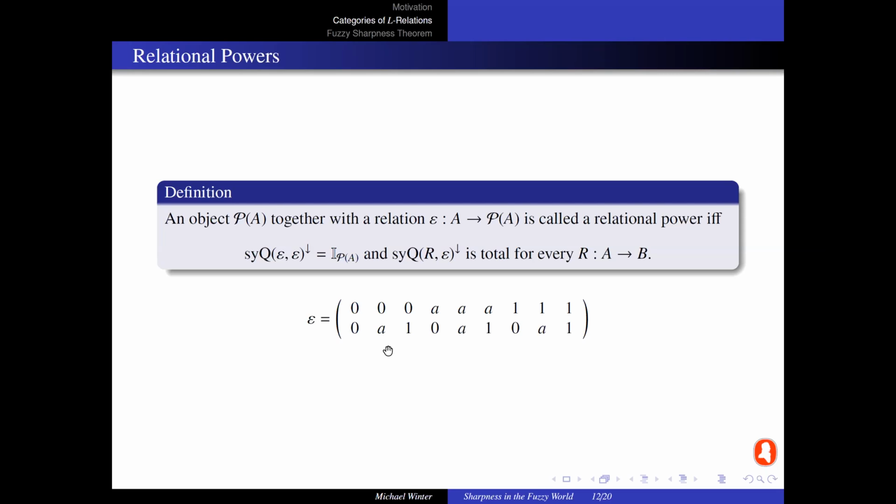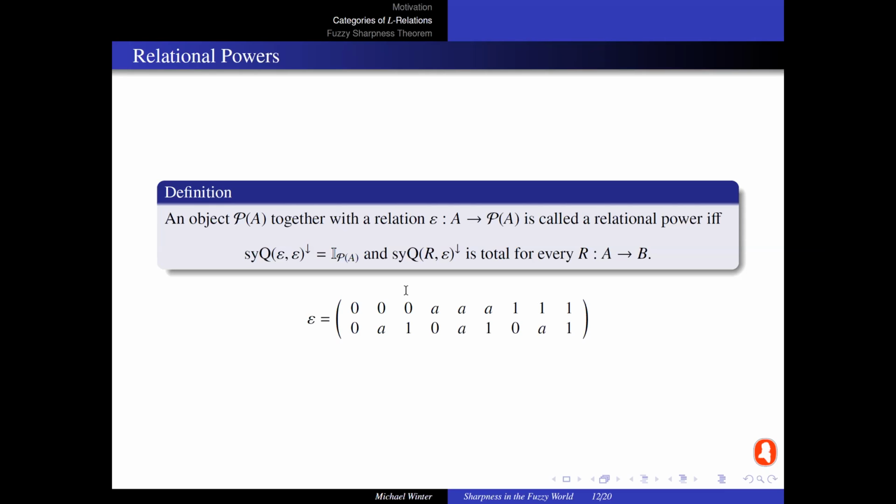And what I said about the extensionality of this is that the symmetric quotient of epsilon with epsilon itself is not necessarily the identity, because that doesn't work over here. The second column and the third column, those two sets are actually equivalent with a degree of a.